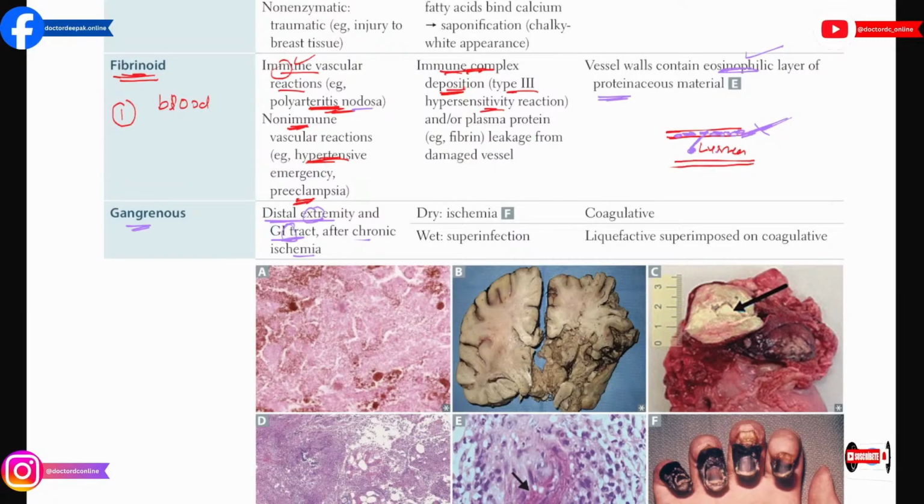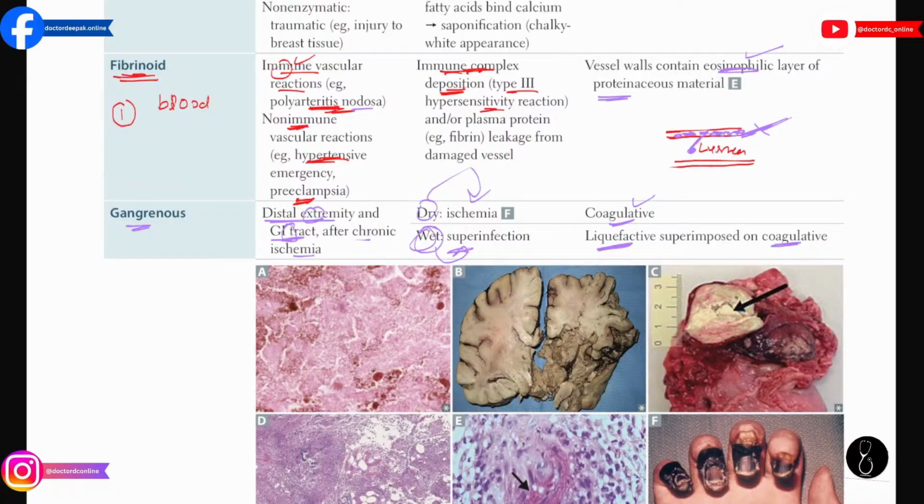So gangrenous necrosis is of two types, one is dry and one is wet. In dry, you will get the ischemia, but in wet, you will get the superinfection. Dry ischemia is basically coagulative necrosis. And in wet, keep in mind, it is basically liquefactive necrosis superimposed on coagulative necrosis.